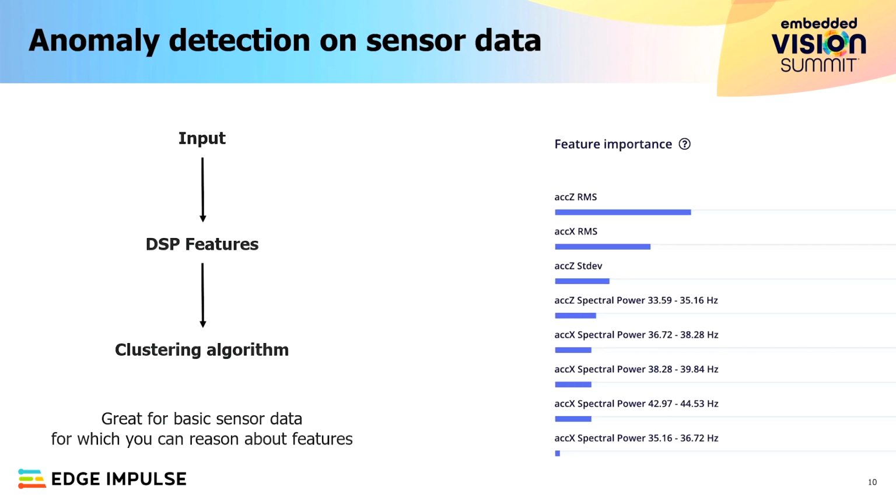As I said, for anomaly detection on sensor data, the way we approach it is we take our inputs, run them through a DSP algorithm, for example, to look at what the peak frequencies are, and then we train a clustering algorithm on those features. So I might train a clustering algorithm on the root mean square of the motion on the z-axis of my accelerometer, on the x-axis, and then on the spectral power between 33 and 35 hertz, because I expect something to happen there.